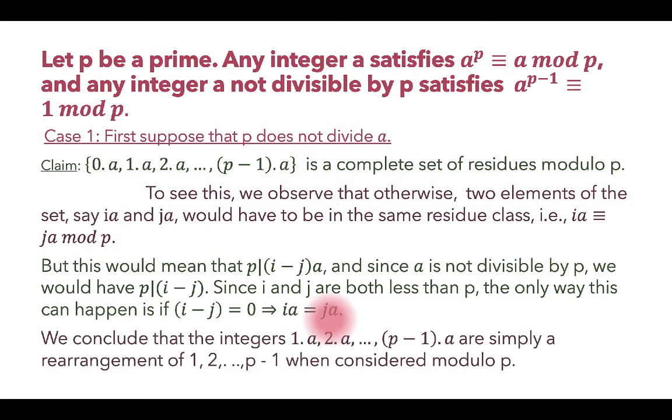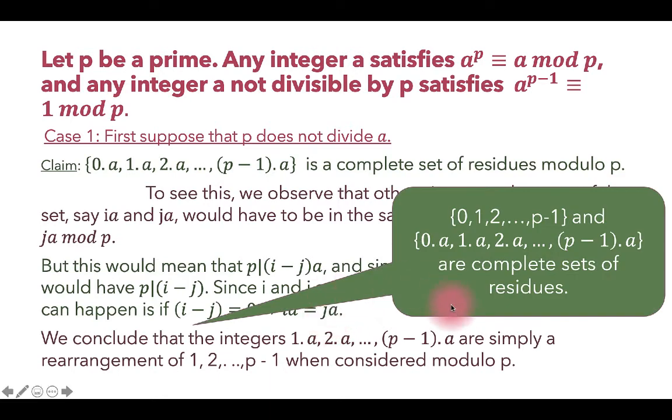Thus we can conclude that the set 0A, 1A, etc., P minus 1 into A is also a complete set of residues, and hence we have two complete sets of residues here, and we can observe that 0 is congruent to 0 into A, and we can see that every element of the first set will be congruent to a unique element of the second set.